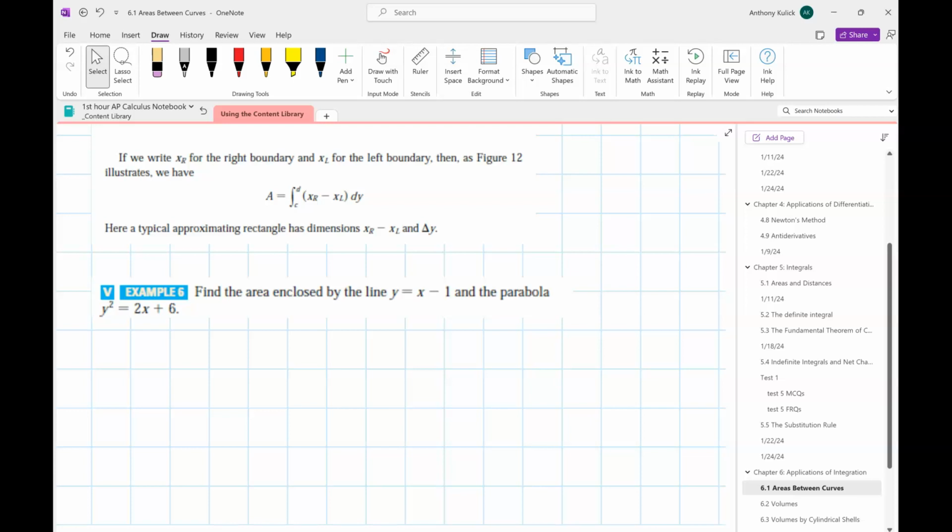So if I want to do this with respect to y, I want to write each of these two equations as x equals equations. Write it this way.